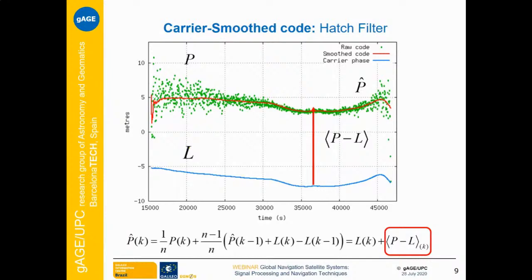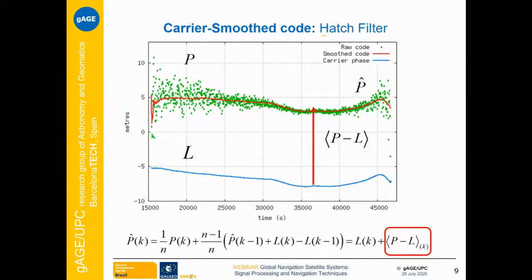But we have means to align the carrier to the code measurements. And this is what is illustrated in this plot.